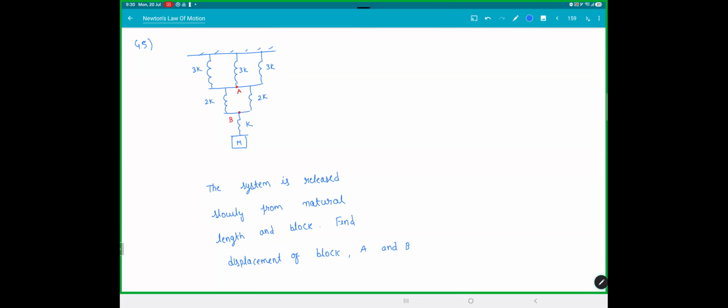Okay, for one big number. Anyone else? That's right, Yukti. Get the remaining two, displacement of A and B also.